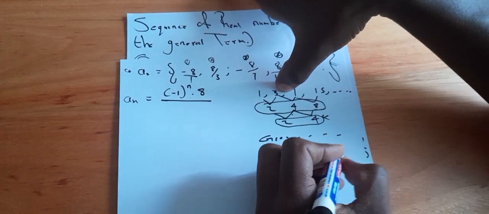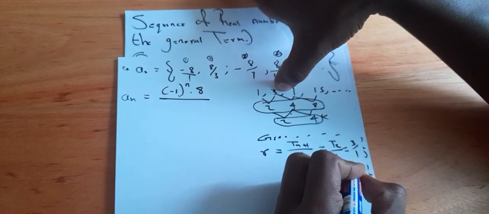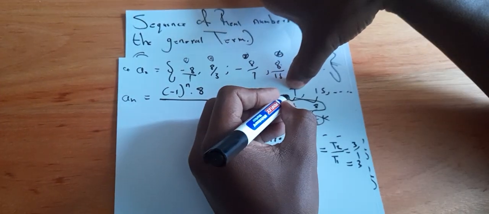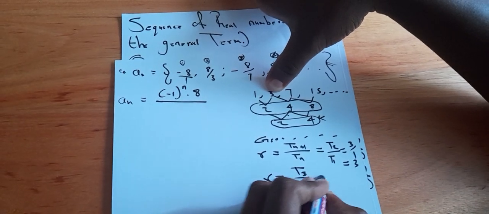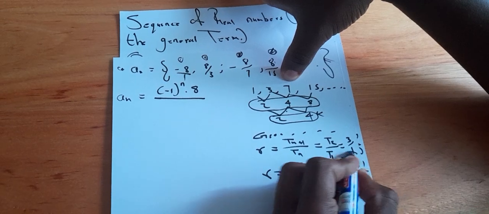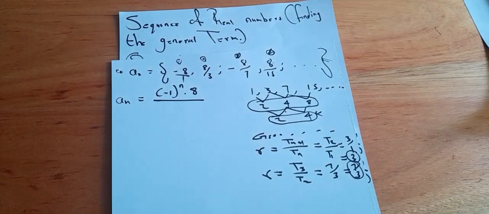If we take term 2 divided by t1, we'll have 3 divided by 1, which will give us 3. Now we check r given by t3 divided by t2, where we have 7 divided by 3, giving us 7 over 3. We see that the ratio is not constant, then it is not geometric.